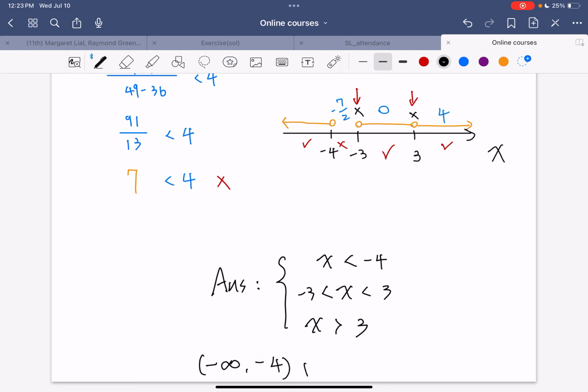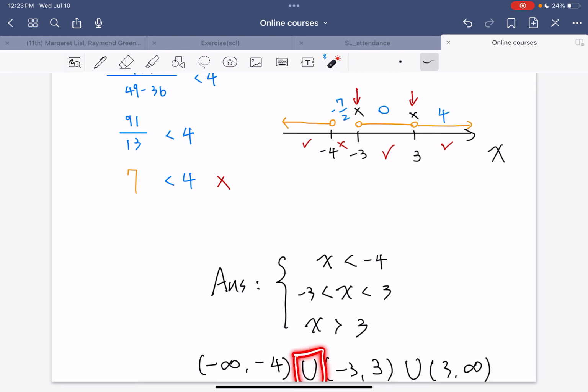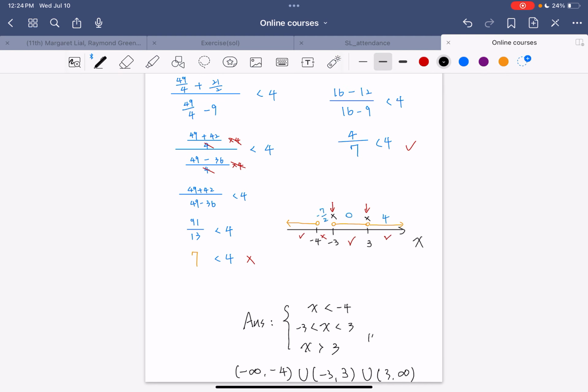Minus 3, 3, union 3, infinity. Okay, and this symbol means union, so they don't have to connect with each other, they can be separate areas. Okay, and that could be your answer. And that's all for this part.